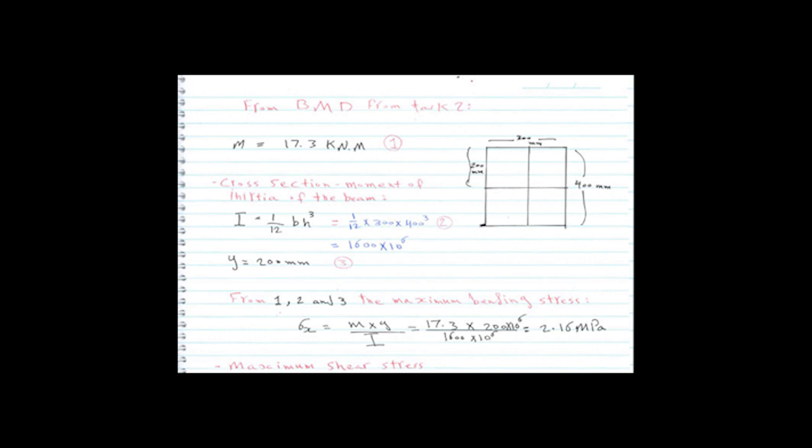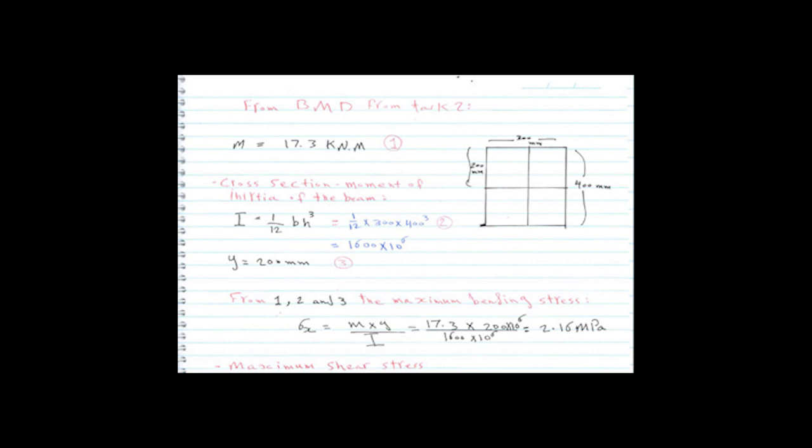First of all, from the bending moment diagram, we know M equals 17.3 kilonewton meters. And the cross section of the beam has a width of 300 millimeters and a depth of 400 millimeters. First I calculated I with this equation.